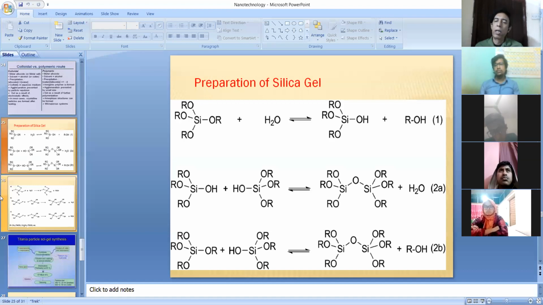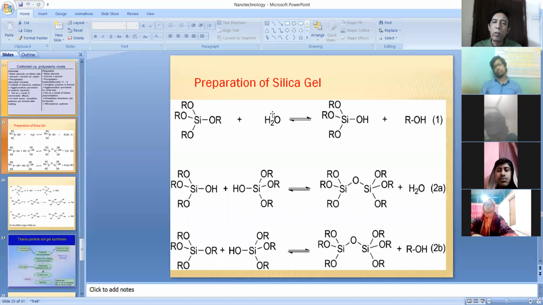Silica gels are a blue type of substance generally used as desiccant, under the desiccator, which absorbs the water from the desiccator. So this is one type of alkoxide of silicon, where R means CH3, OCH3, that is methoxy.